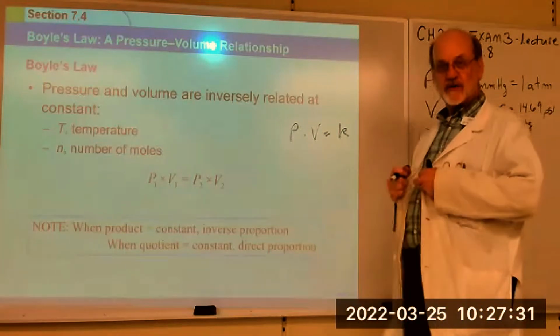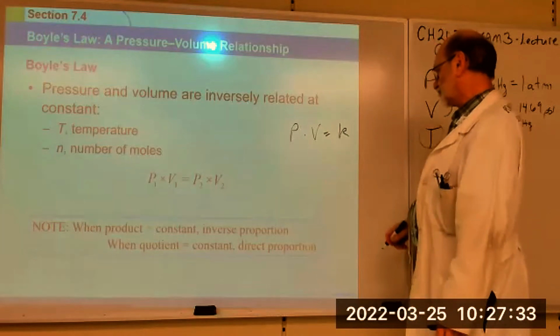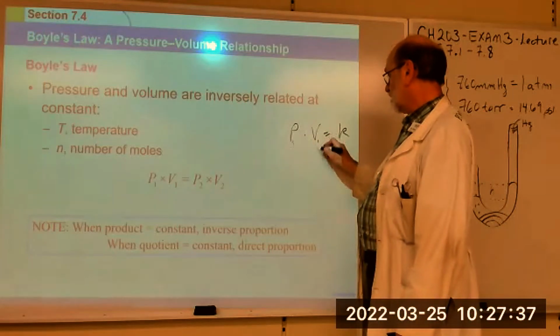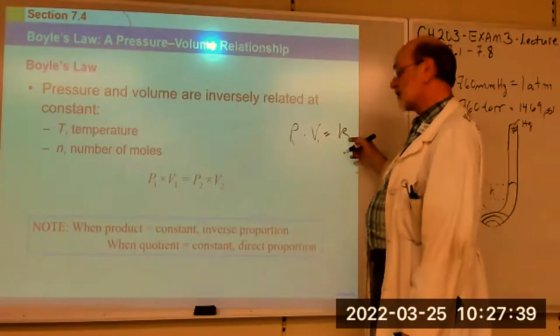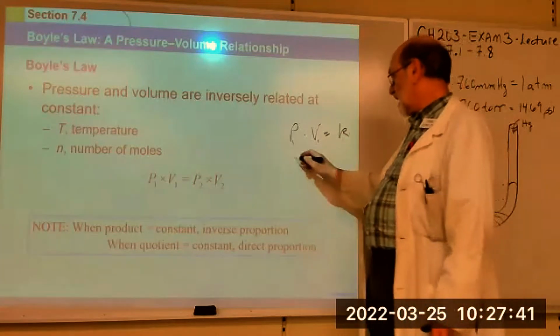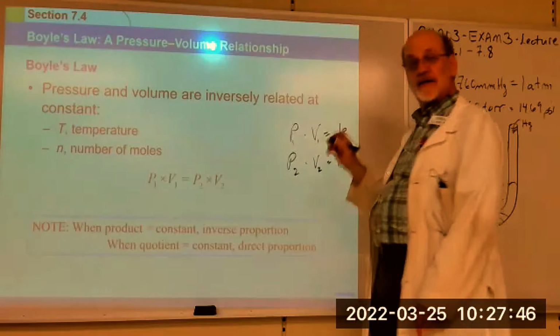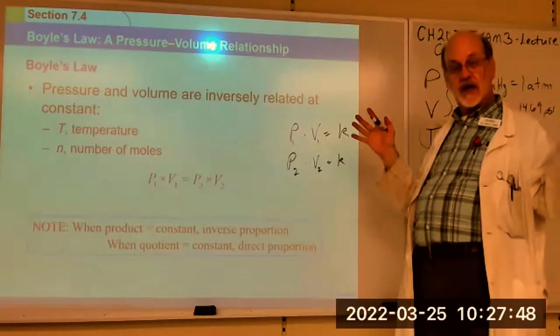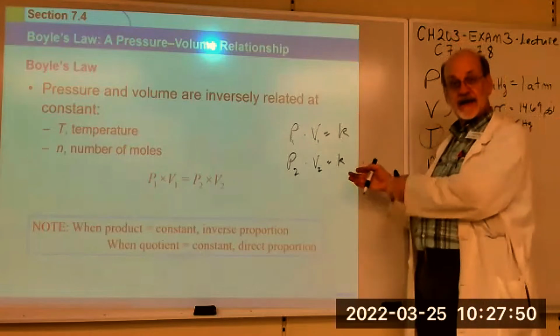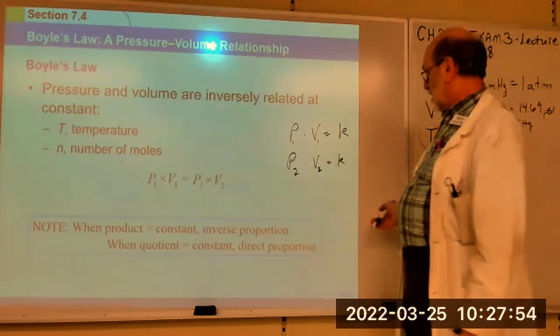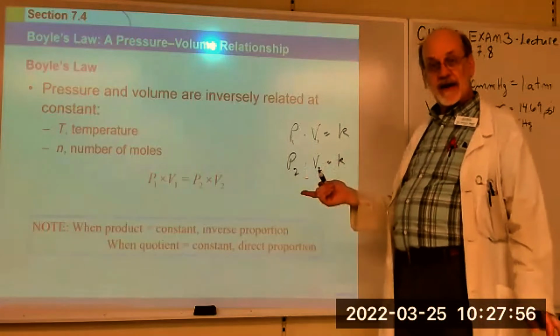Okay, that's Boyle's law. And this is pressure one, volume one, and this is constant. And then he measured it again. The second pressure times the second volume is equal to the same constant. Okay, but by definition, that's a constant. So what do we know, mathematically speaking?